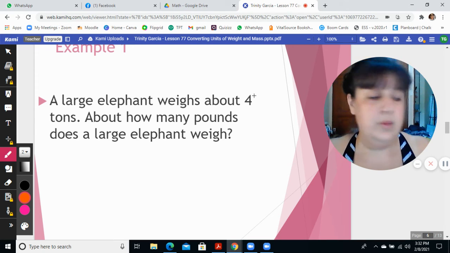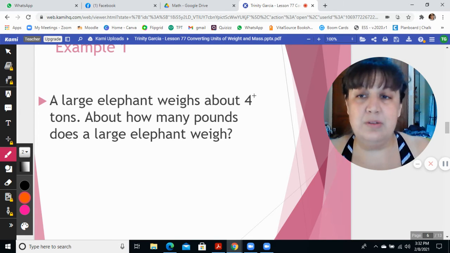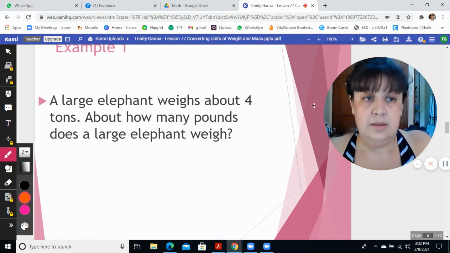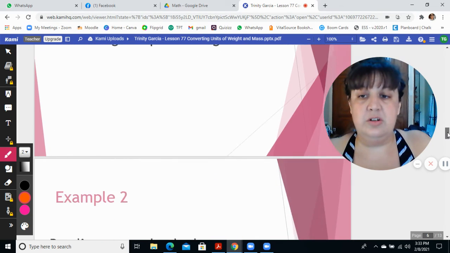You need to do the equation and you would get 8,000 pounds. A large elephant weighs 4 tons or about 8,000 pounds. Good. So you should just write that out as an equation on your paper.